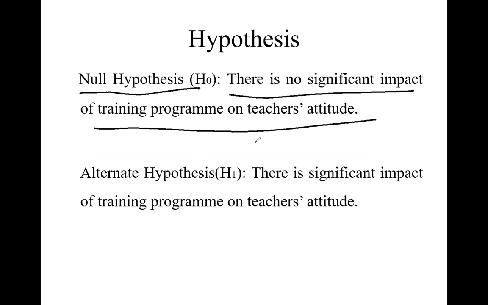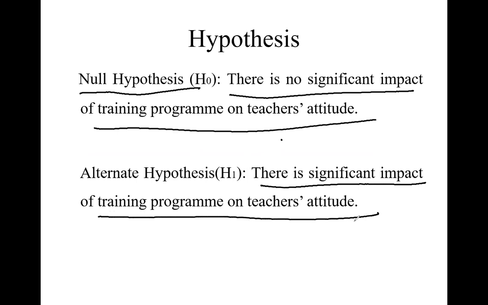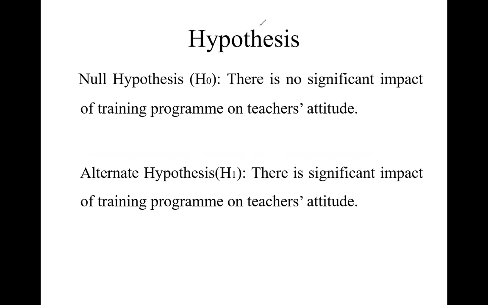There is no impact of the training program on change of attitude. The score before and after is the same. But the alternate hypothesis says no, there is a significant impact of training on teachers' attitude. Attitude will change. The attitude score before and after will be different. Now the question is how to check it.